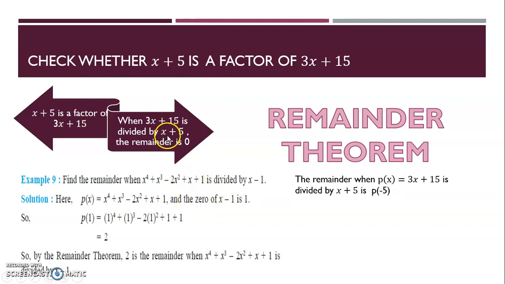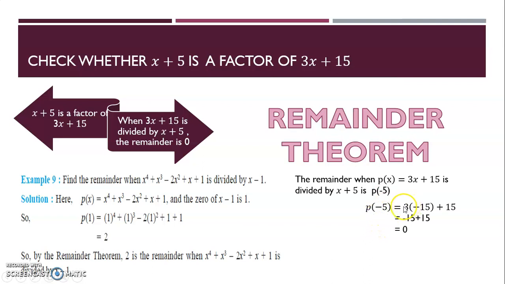We have to look at the 0 of the divisor. The 0 of the divisor here, x plus 5, is minus 5. So instead of p of x is equal to 3x plus 15, in the place of x I substitute minus 5.